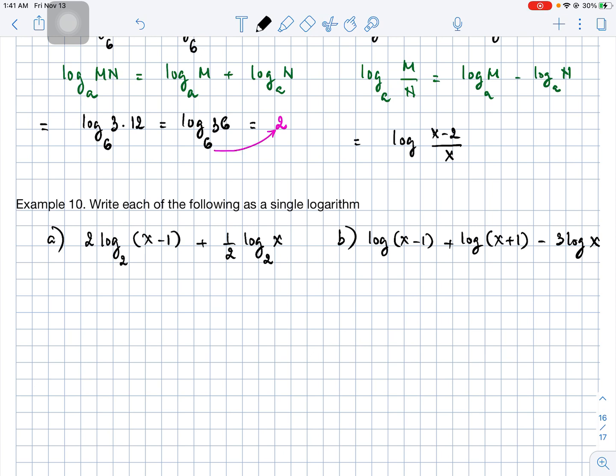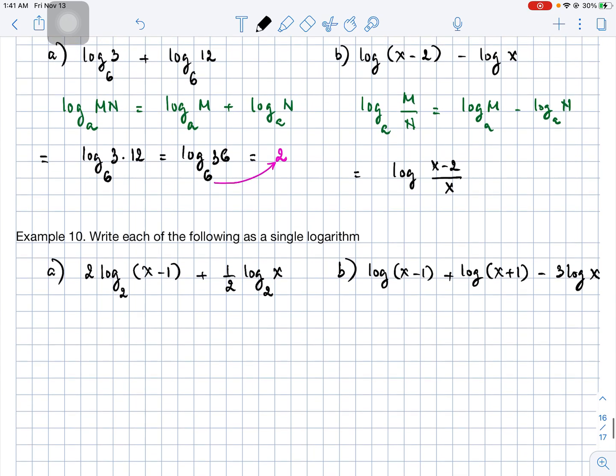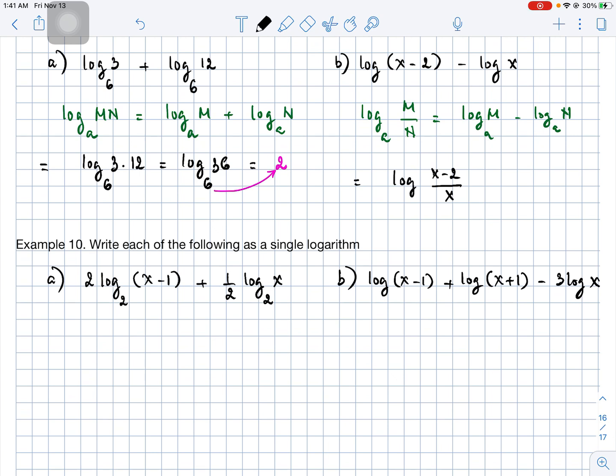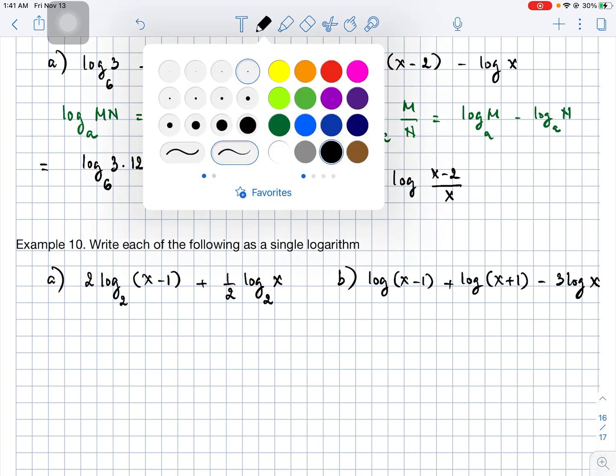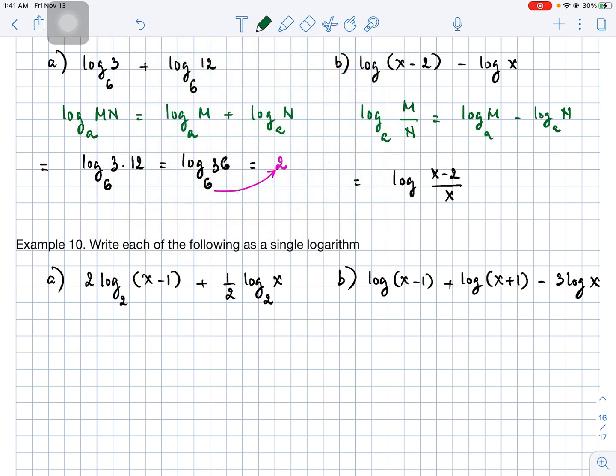In example number 10, we see the plus between the two logs in part A, and we want to combine them. However, if we notice the product rule, we do not have the number 2 and the number 1/2 in the front. We recall the power rule.